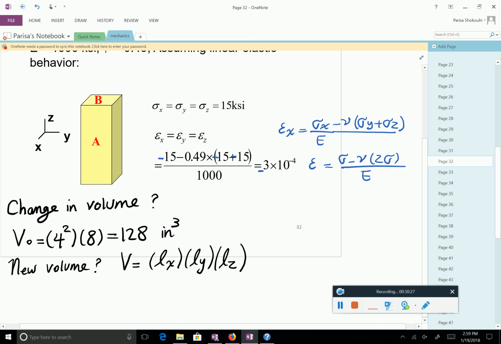And if we have the new volume, the change in volume, delta V, would be just V minus V0. So what you really need to do is to calculate how much each side has changed. Try to see if you can think about it, talk to each other and calculate it. I don't give you too much time, but a little bit of time to work.